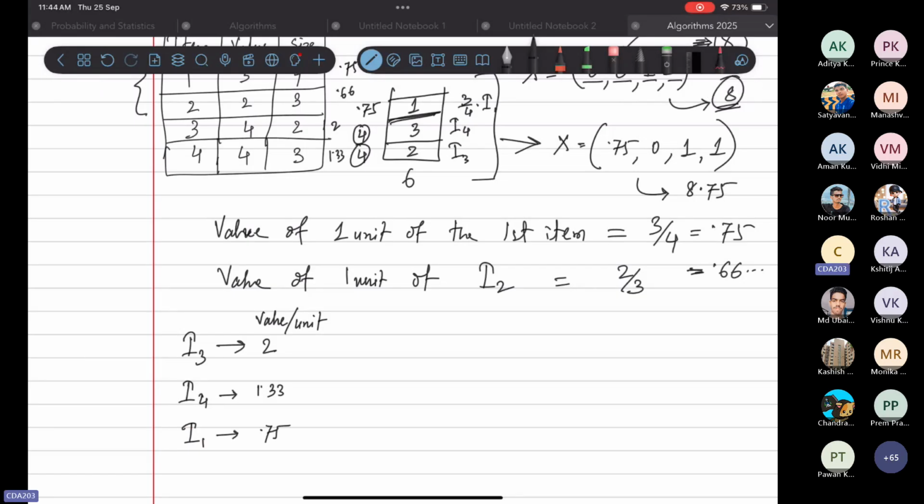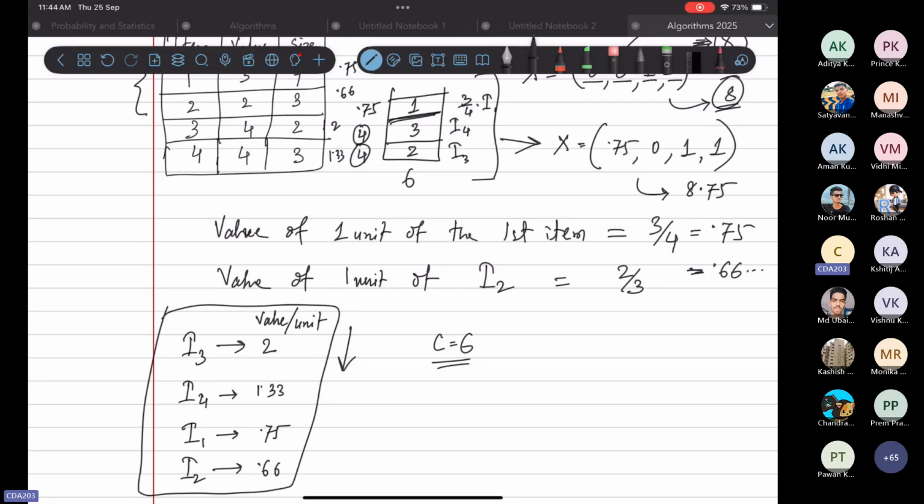Its value is 0.75. Then I have item 2. Its value is 0.66. So I'll arrange them in this order. Okay. And then I'll go to each of these items based on this ordering. Initially my capacity is 6. Right?